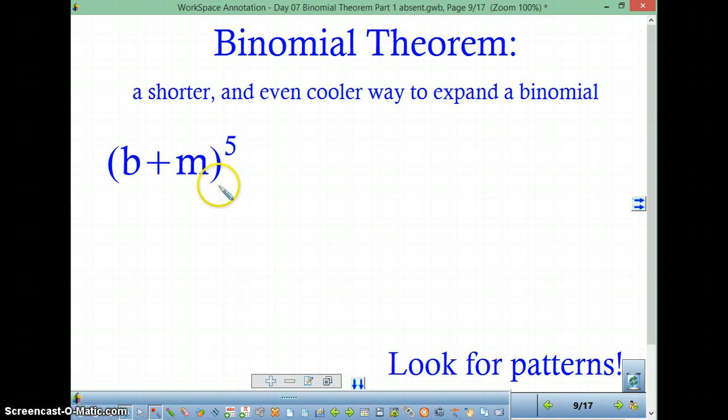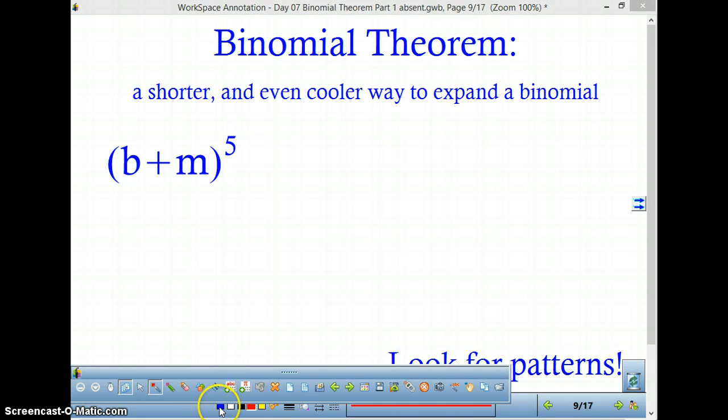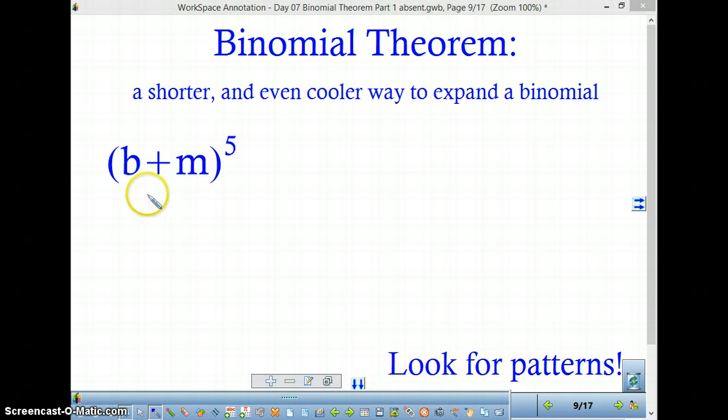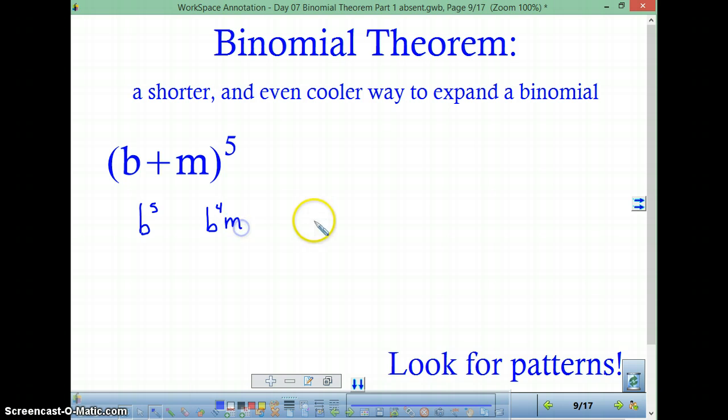All right, now we're going to do the binomial theorem, a shorter and even cooler way to expand a binomial. Okay? Watch the first bit of it. First, we begin with, I'm just going to put the variables out first. So you can just watch this strategy. See how I'm just putting the variables, and I'm going to put the coefficients in a little later.